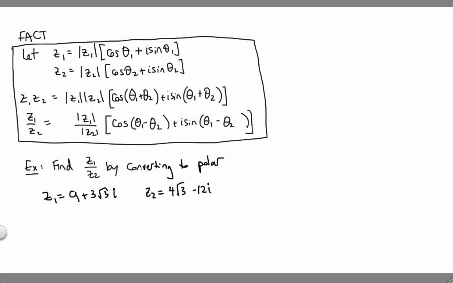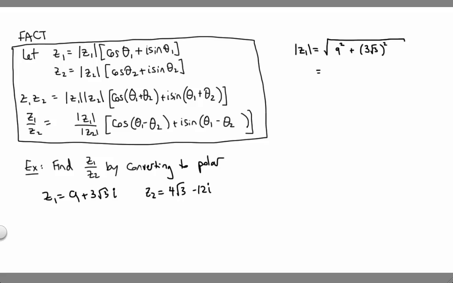Let's think about the length of z1. According to the definition for length, you're taking the square root of each of your coefficients squared and summed up. So you'd have 9 squared plus the imaginary coefficient is 3 root 3, so we need to square that.